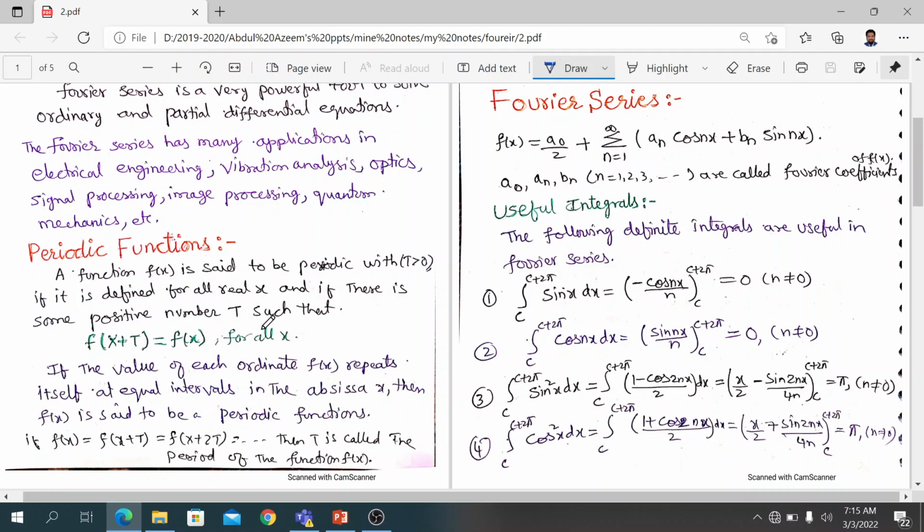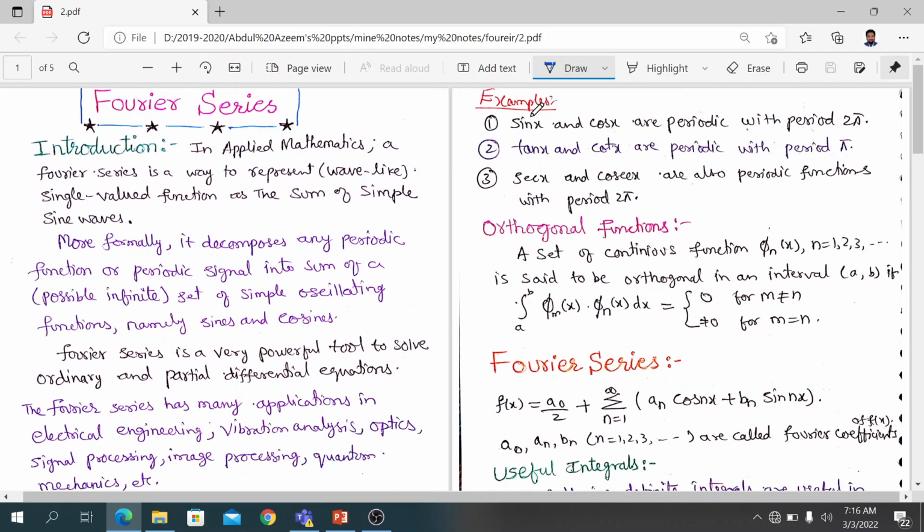So if the value of each ordinate, meaning y value, f of x repeats itself at equal intervals in the abscissa x, then f of x is said to be a periodic function. So if f of x is equal to f of x plus T or f of x plus 2T and so on, then T is called the period of the function f of x. This is the first definition.